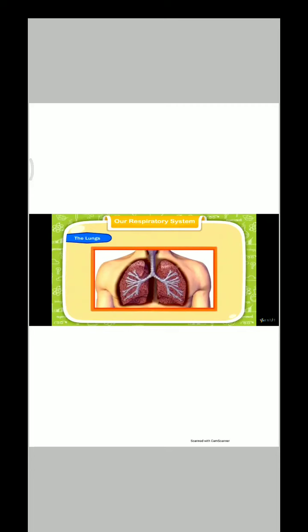Our body has two lungs, that are soft, moist and like sponges. Okay. And they are extremely delicate also. Okay, delicate means very soft.